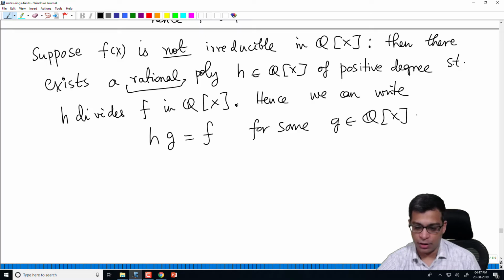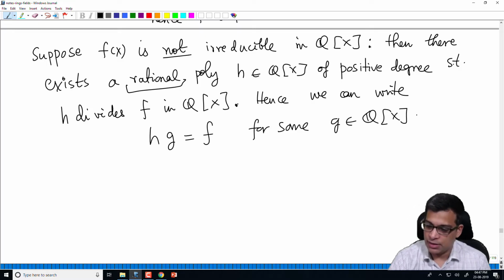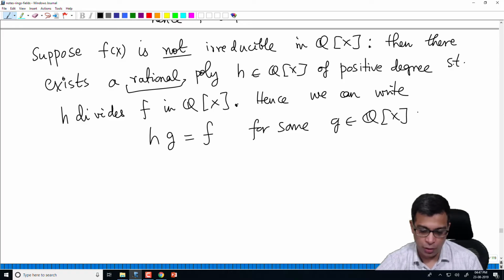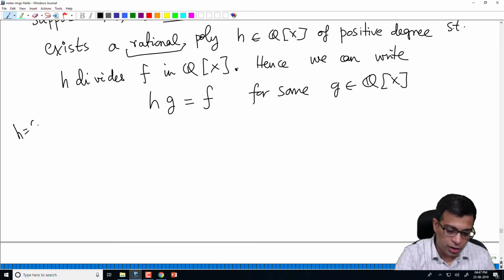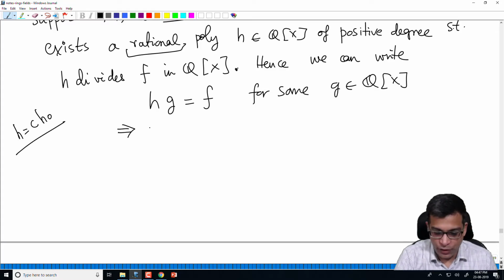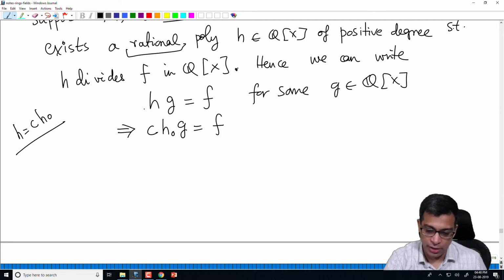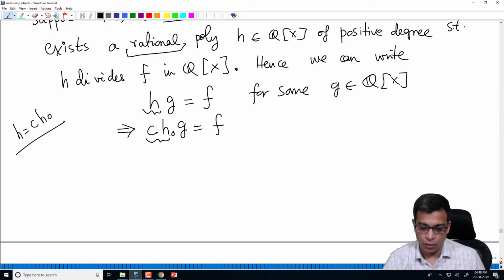I recall this at the beginning of this video. When we say h divides f, that means there exists a g in Qx such that hg equals f. But now again we use our crucial proposition. Every rational polynomial can be written as its content times a primitive polynomial. So this implies c times h0 times g equals f. I am just replacing h by ch0.